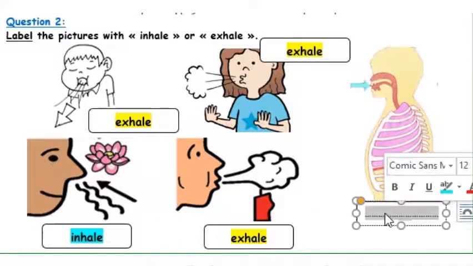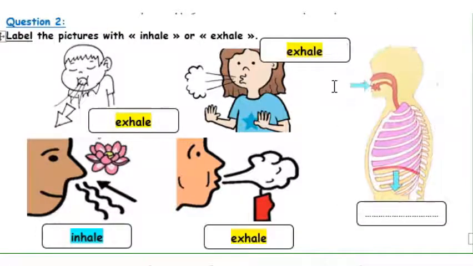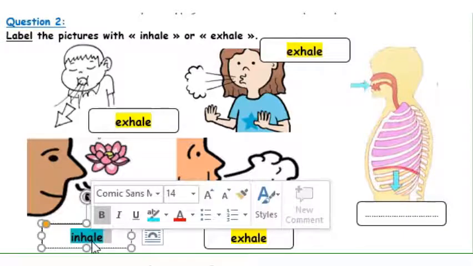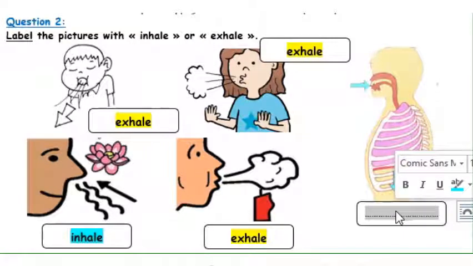Look at the arrows in the last diagram. There is an arrow showing the movement or the pathway of the air. The air is going inside the boy's body, okay? And then that means from the nose to the lungs. So the boy is taking the air inside of his body.